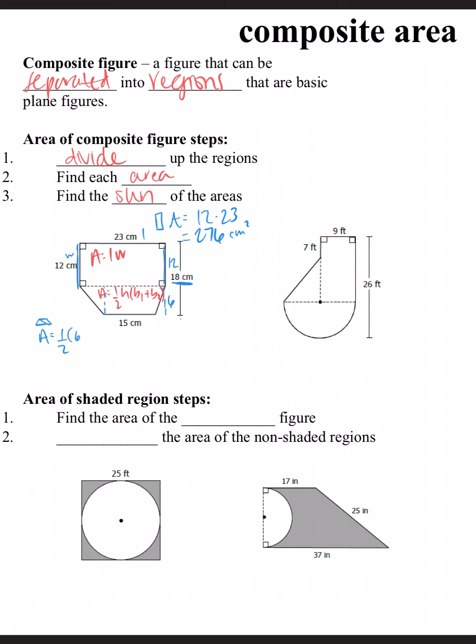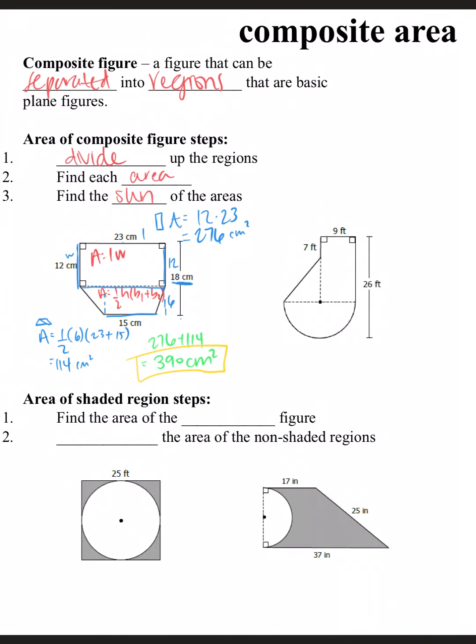So the height of my trapezoid is 6. Base 1 is the same as here, 23. Base 2 is 15. So the area of my trapezoid is 114 centimeters squared. Then all I'm going to do is add those together. 276 plus 114 gives me 390 centimeters squared. That is the total area. This is all we're doing: breaking up our shapes, finding the area, adding them together.